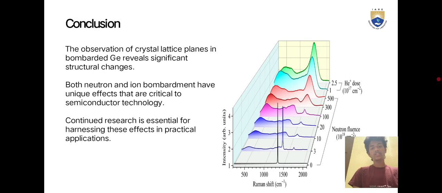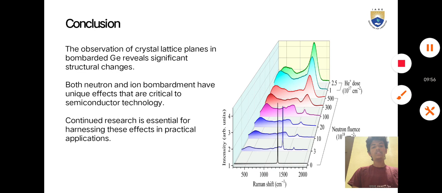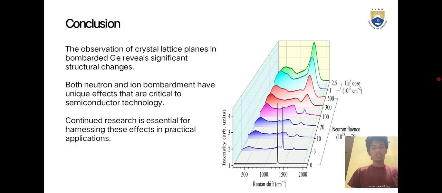Continued research is essential for harnessing these effects in practical applications.